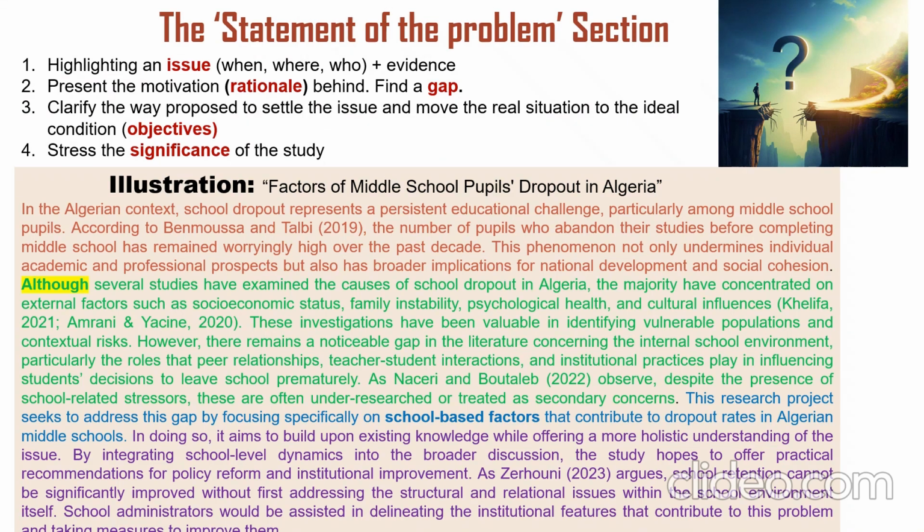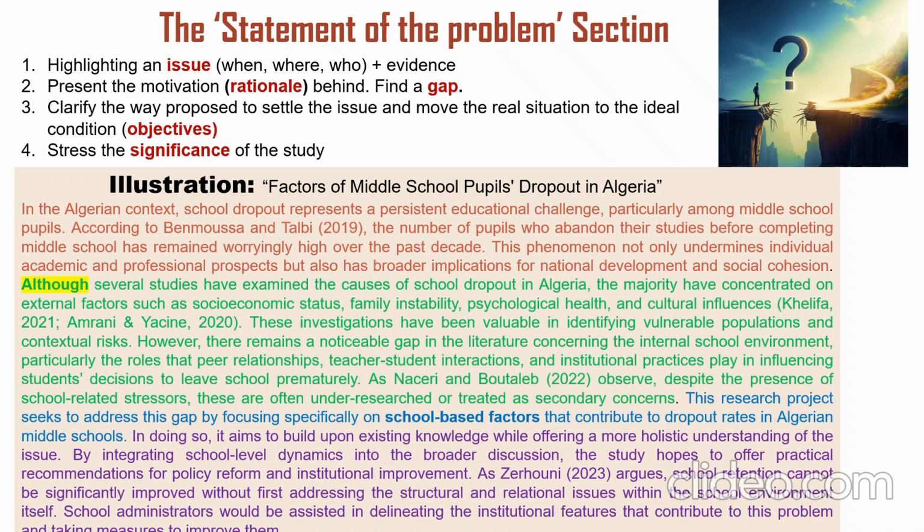So let's try to relate the content of this text to what we have said earlier. If you look at the first section of the text, which means the research issue, you notice clearly that the writer has mentioned the when of the study, the where, and the who.